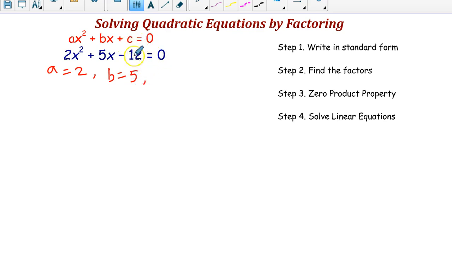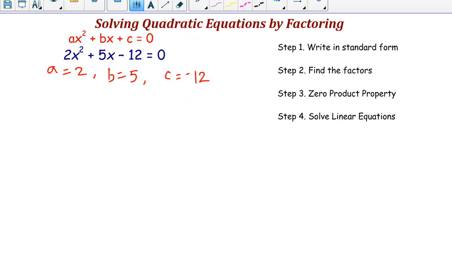And c is equal to negative 12. That is the c value. The value of c is negative 12. So these are the three values obtained from 2x squared plus 5x minus 12: a is equal to 2, b is equal to 5, and c is equal to negative 12.